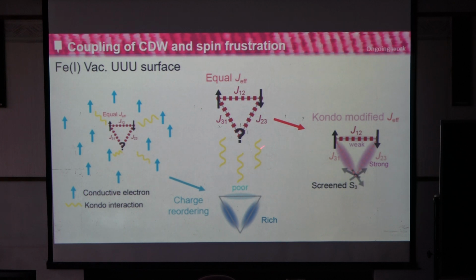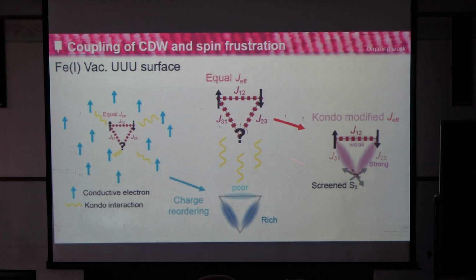So it breaks the equal exchange interaction, and results in the stronger Kondo interaction, which means the weaker exchange interaction between localized spins.